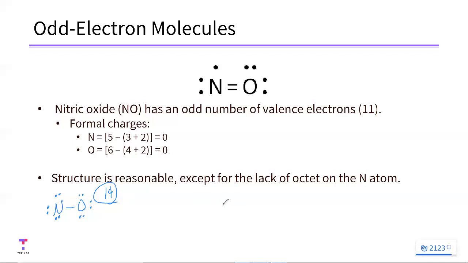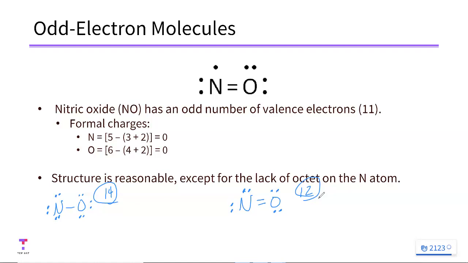So let's draw this out with the double bond. And if I fill out the octets, this structure now has 12 electrons in it. How do I know where to take that 1 electron away? And here's where our discussion of formal charges can be really useful to us.